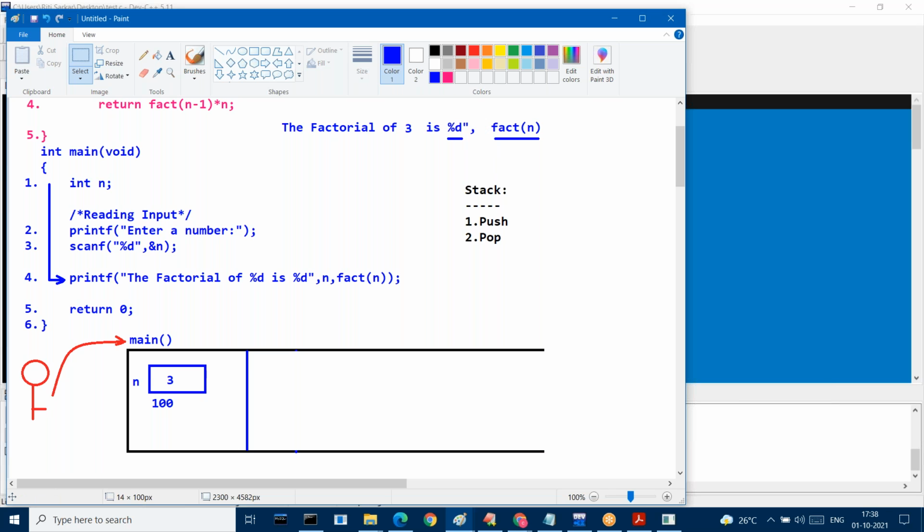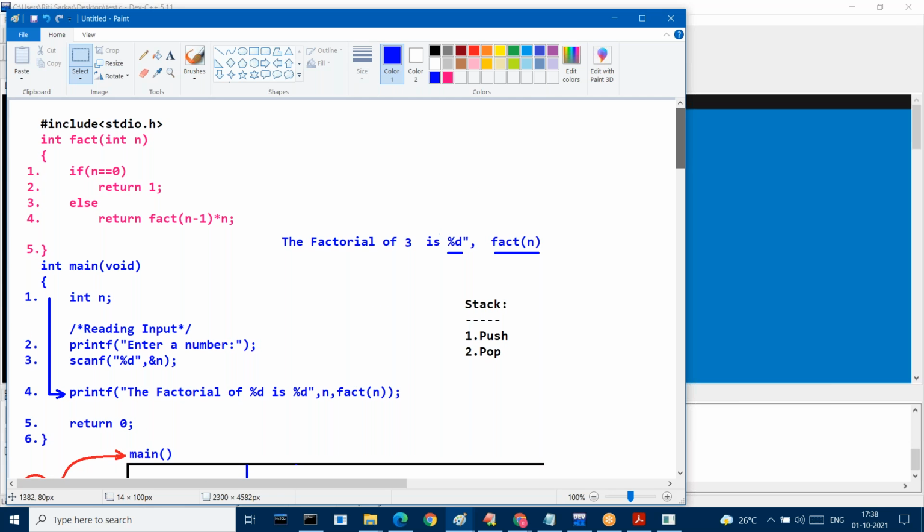But what about fact 3 sir? What is fact 3? I mathematically know, but programmatically I don't know. That means from this location, currently you made a function call. From here you made a function call.